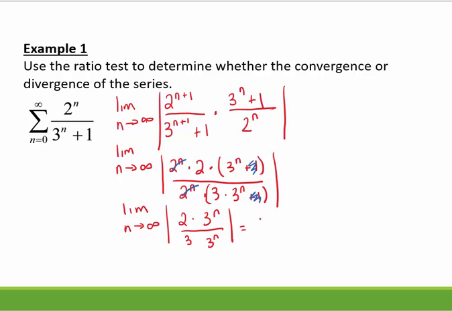What does that go to? That goes to 2/3, which is less than 1. So therefore, our series converges by the ratio test.